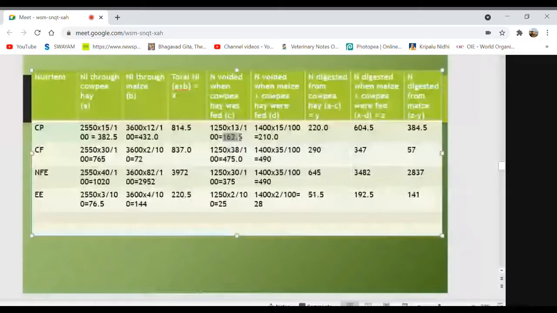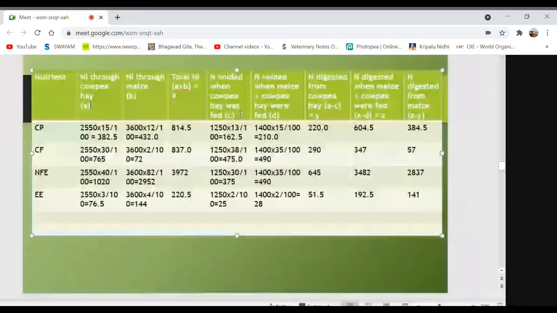Then nutrient digested when maize plus cowpea were fed. So total nutrient intake was this when both were fed, maize and cowpea in the second digestion trial, and total nutrient voided is this much. Therefore, X minus D is equal to this much. Nutrient digested when maize plus cowpea were fed.